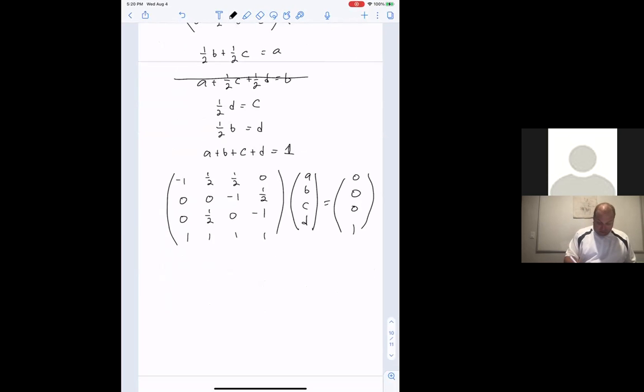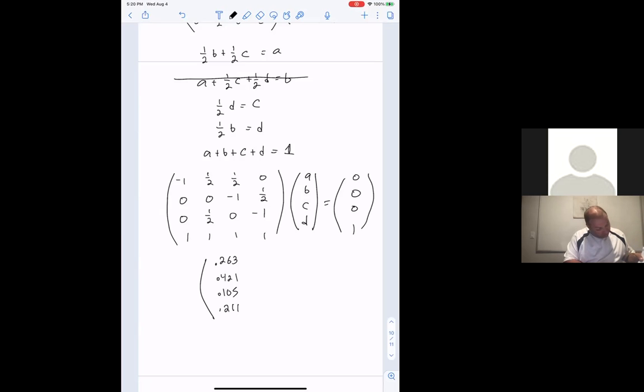And that gives me 0.263, 0.421, 0.105, and 0.211. I'm going to check the back before we go on, just to make sure I didn't do anything really, really dumb, which I'm known to do.